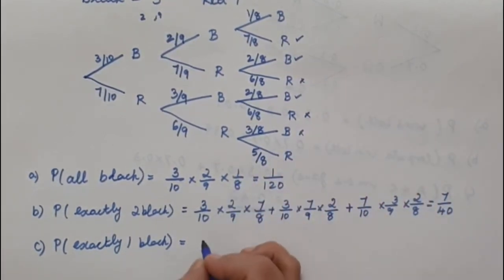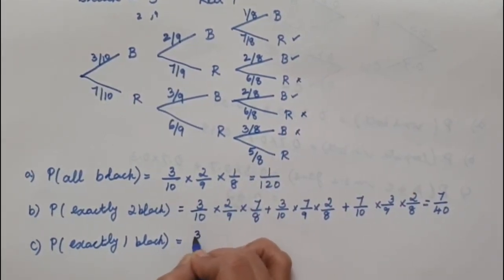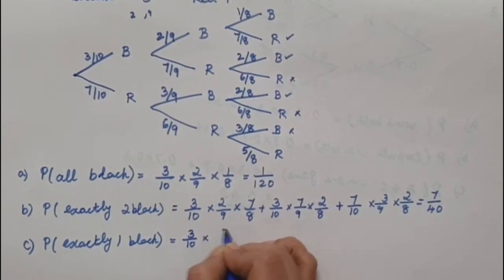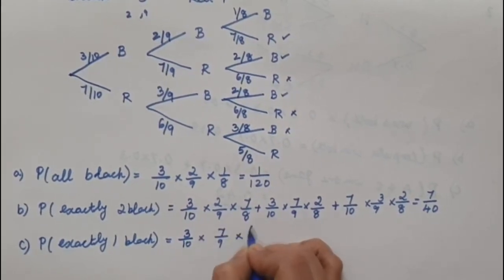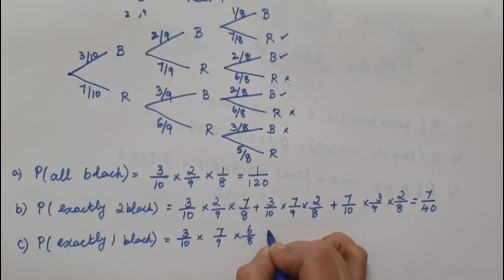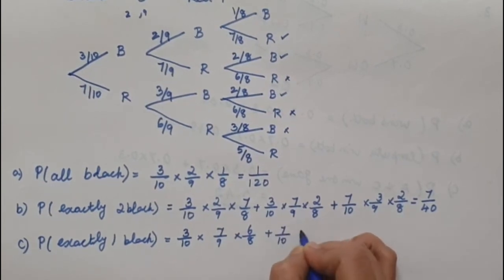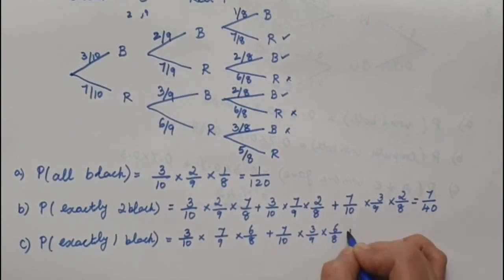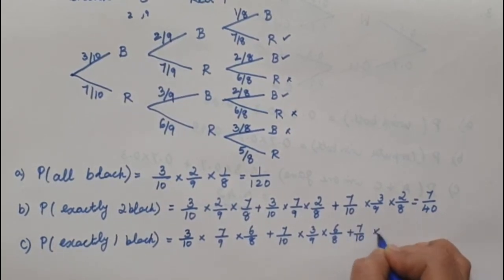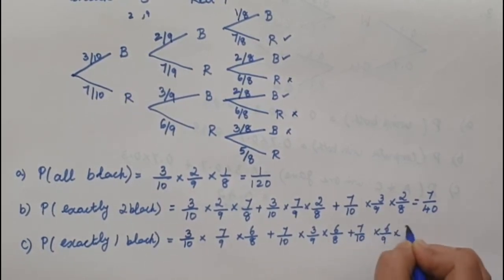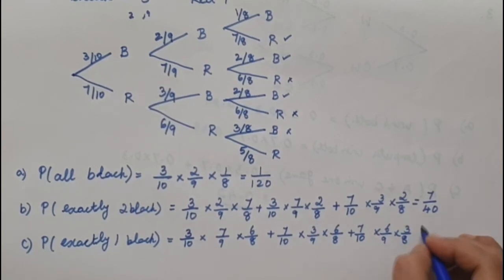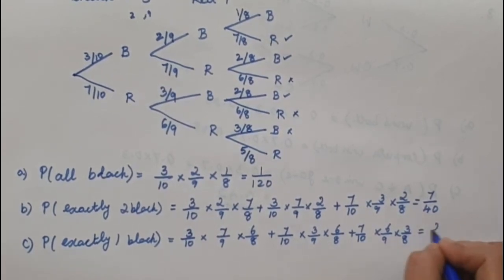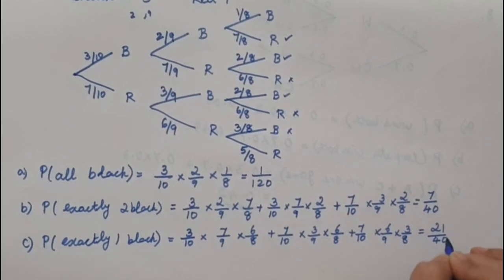So we write out our answers. So 3 over 10 into 7 over 9 into 6 over 8 plus 7 over 10 into 3 over 9 into 6 over 8 plus 7 over 10 into 6 over 9 into 3 over 8. So this will give us our answer as 21 over 40.